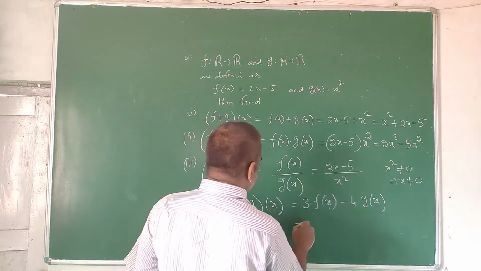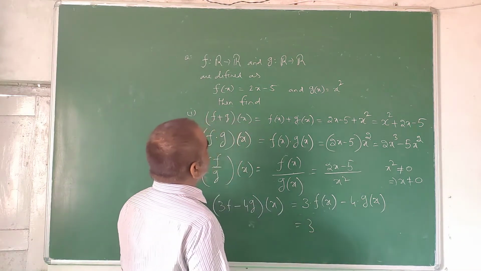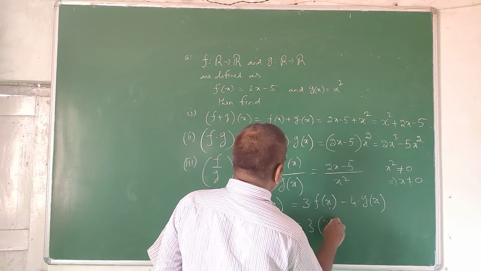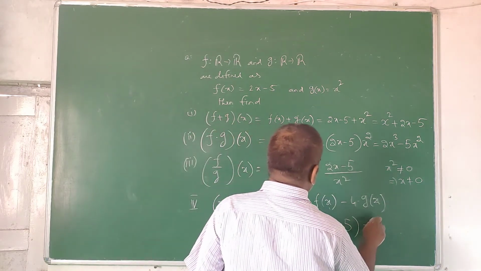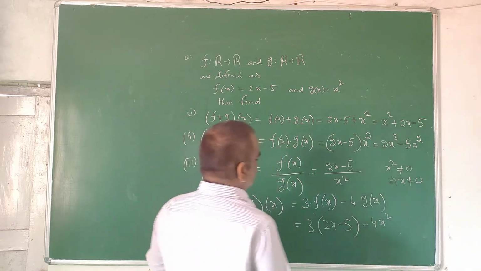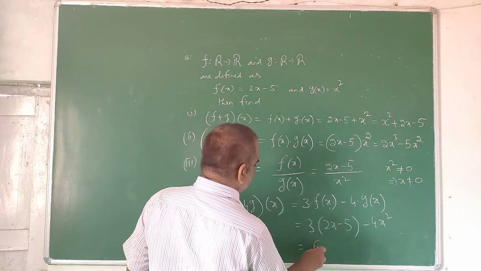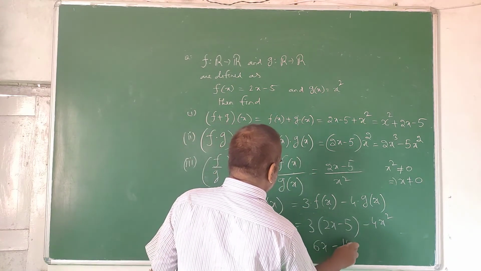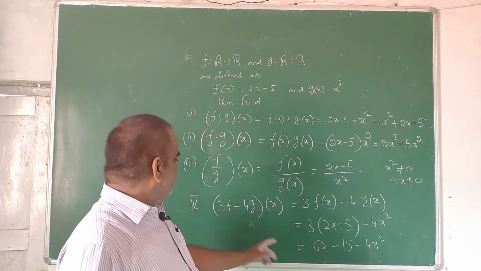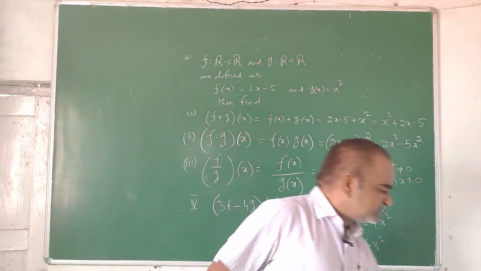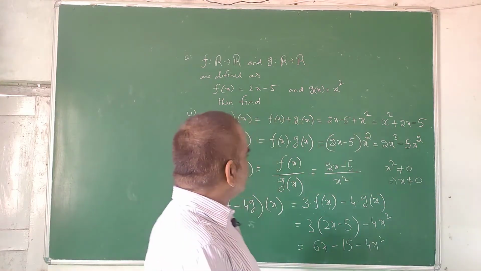So this is equal to 3 into f of x, which is 2x minus 5, minus 4 into g of x, which is x square. So this is equal to 6x minus 15 minus 4x square. That would be 3f minus 4g of x. Are you following? Next.